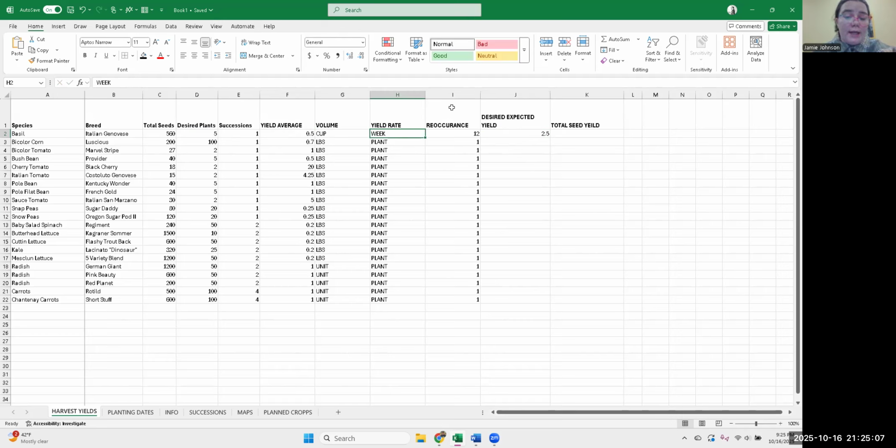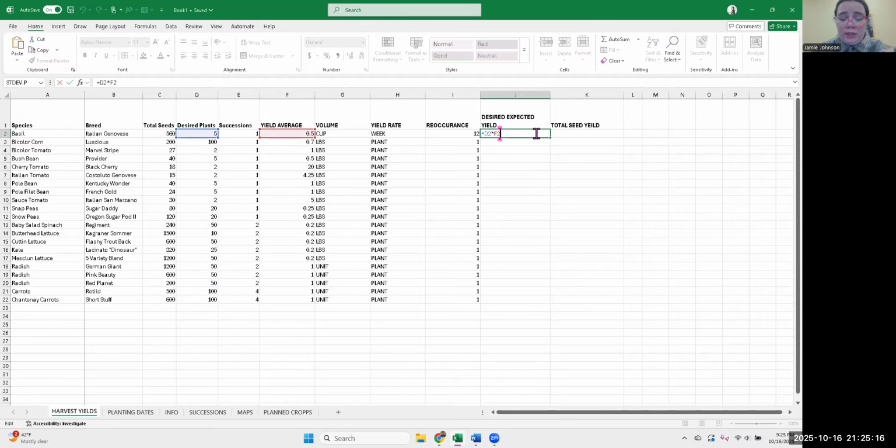Now, I added the reoccurrence column because some of these are in weeks. So if I wanted to find out the total for the year, I would just multiply it by the amount of times that I recur it.